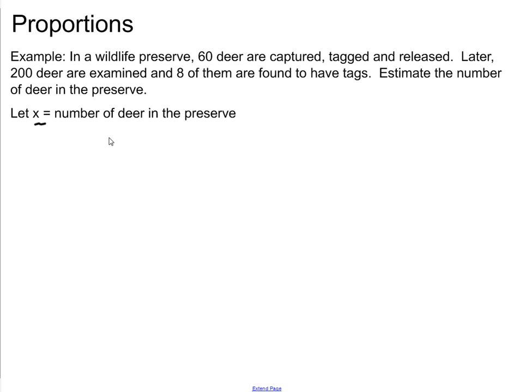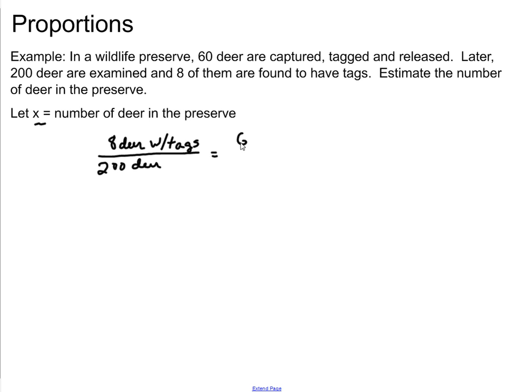We found that 8 deer have tags, and that 200 of those deer have been examined.